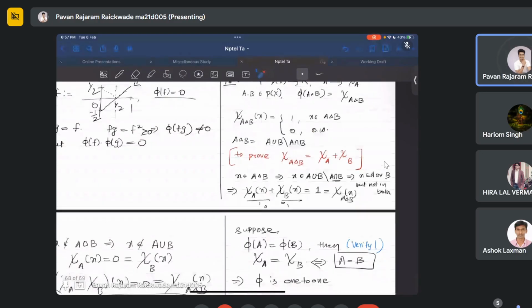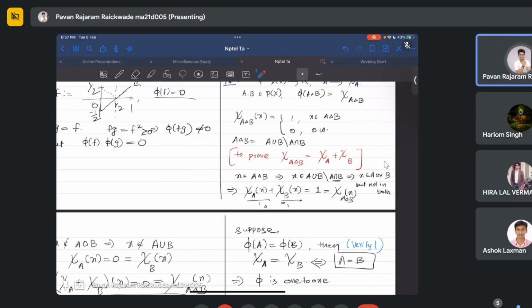How do you conclude that the two functions are the same? When their images at every point are the same. So you take any point x in the symmetric difference of A and B, that means x is in A or B but not in both. This is the definition of symmetric difference. Then what happens for chi A of x plus chi B of x?